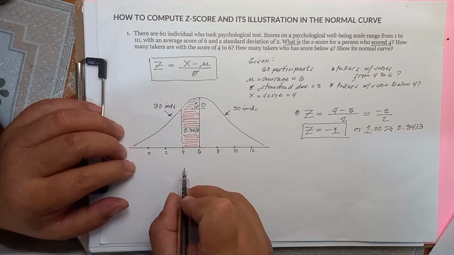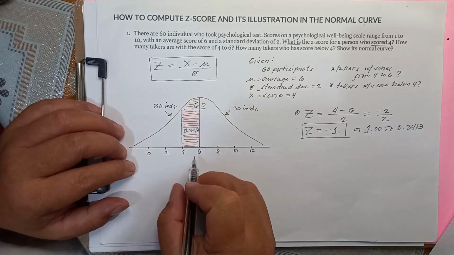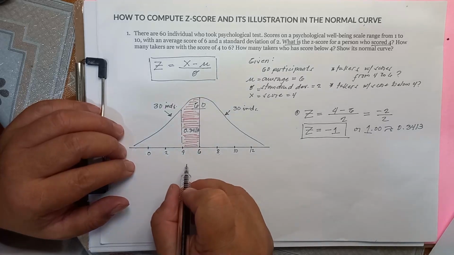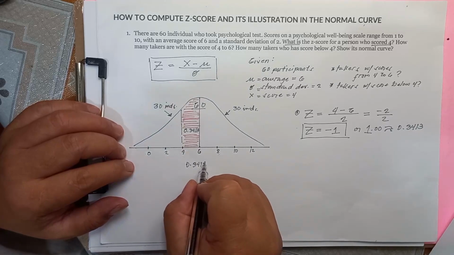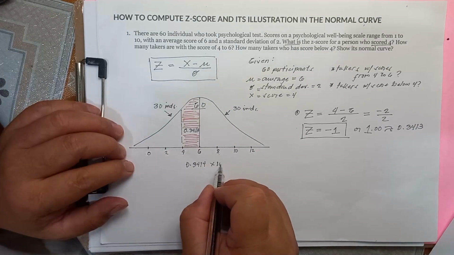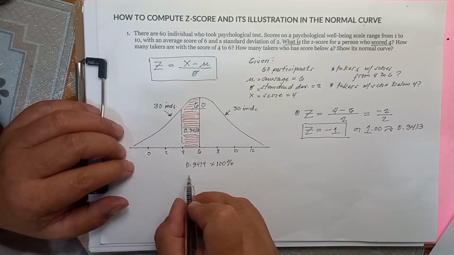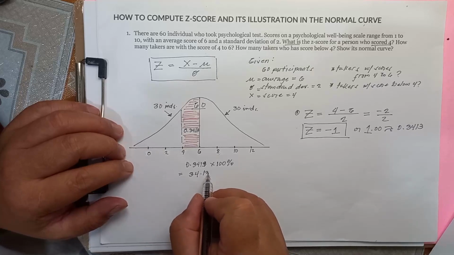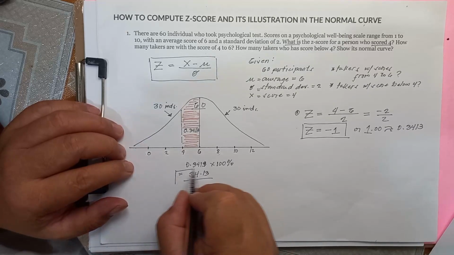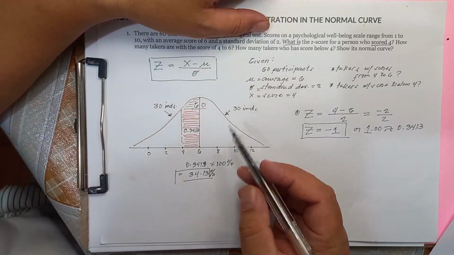So 0.3413 multiplied by 100% is the same as what? 34.13%.